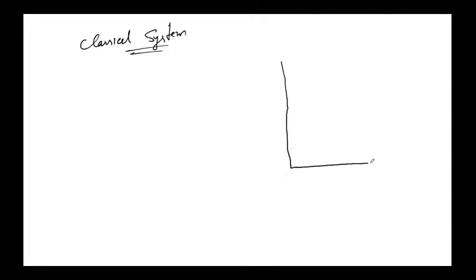So let us talk about a classical system. Now, how can we explain it in a simple way? Suppose we have this large park, a square park.